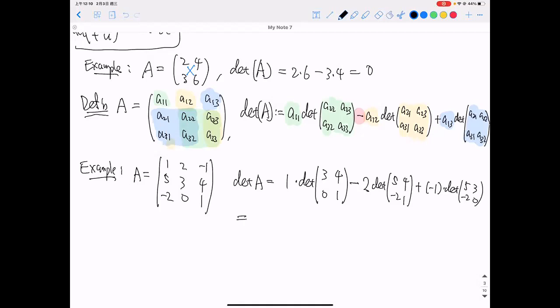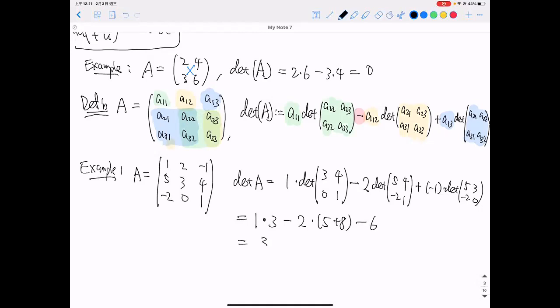Okay, and that is equal to 1 times, this is 3 minus 0, minus 2 times, this is 2 minus 0, and then minus 1 times 8 minus negative 3, so plus 3.